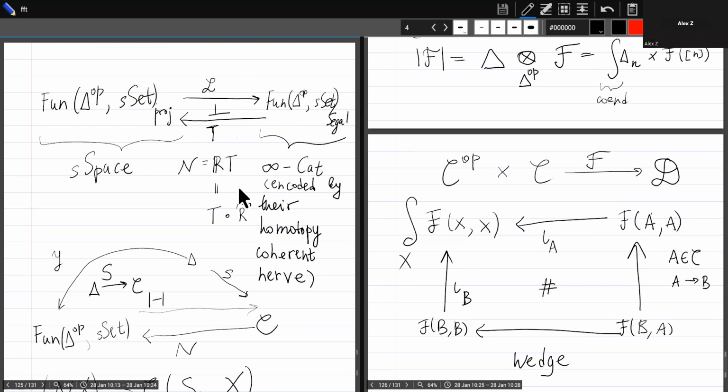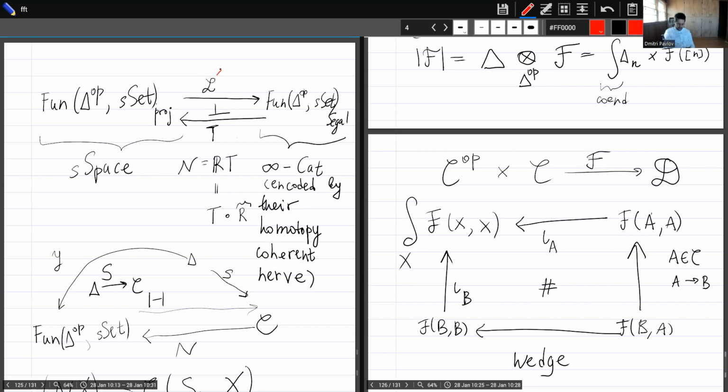I would assume that the realization functor should be, usually when you look at the homotopy category defined by means of the realization functor, the left Kan extension along the Yoneda embedding of the inclusion functor of the simplex category into the category of categories. Yes, and in fact, that is exactly correct.